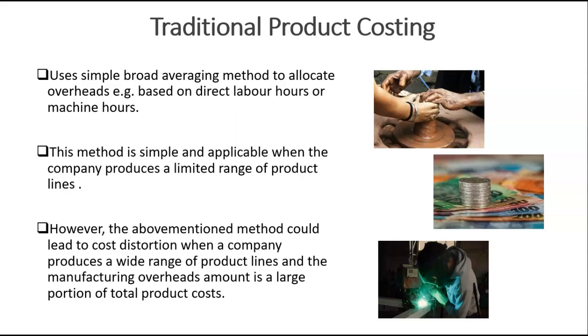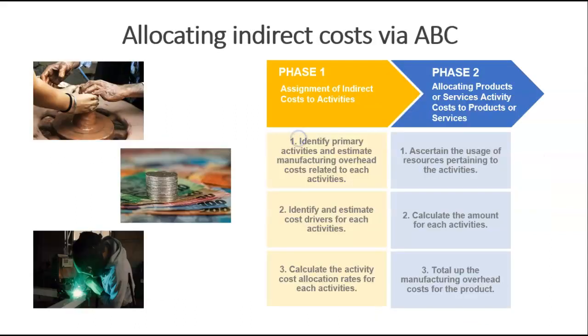If a company only produces one identical product, this problem will not appear. However, under the competitive environment, companies usually produce a diverse range of products. So, activity-based costing provides the solution as it allocates indirect cost more accurately based on the activities performed to produce a product.